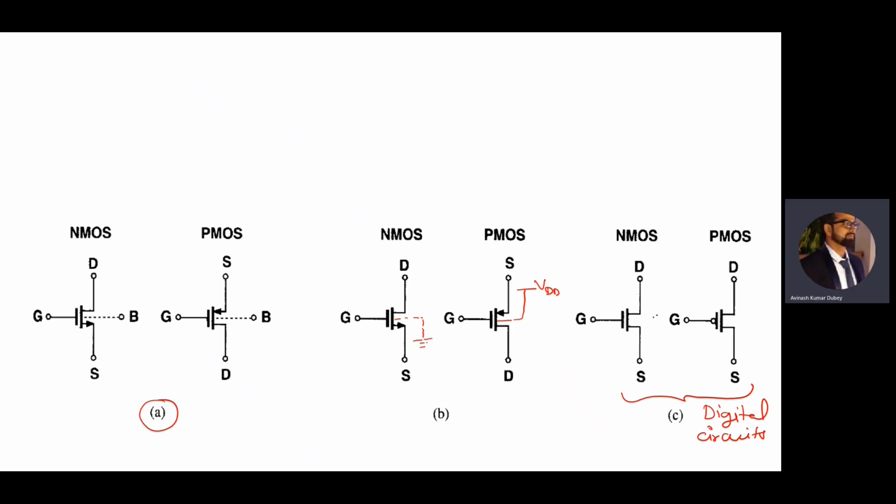In general analog devices, we use these types of symbols because we also use the body. We will see later what the role of the body terminal is, how the parameters of MOSFET vary depending on the body terminal, and which parameters will depend on it.